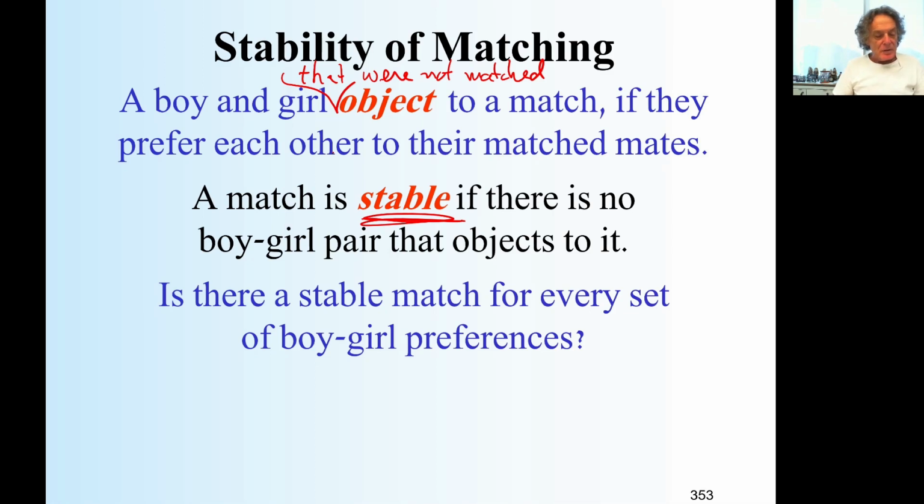He asked people in the math department whether it is true that one can always find a stable matching, and nobody could answer. But he knew of Lloyd Shapley, who at that time worked for the Rand Corporation in Santa Monica.